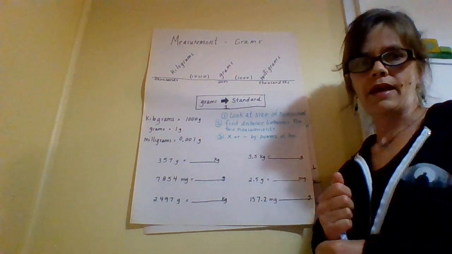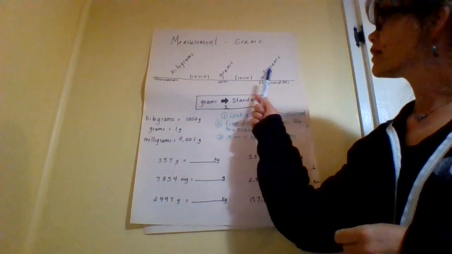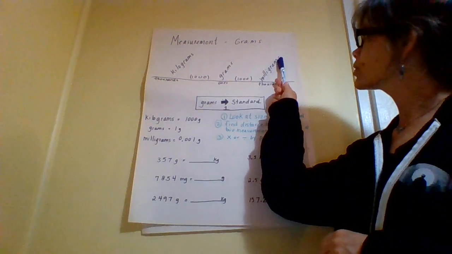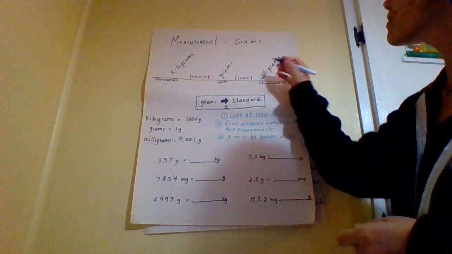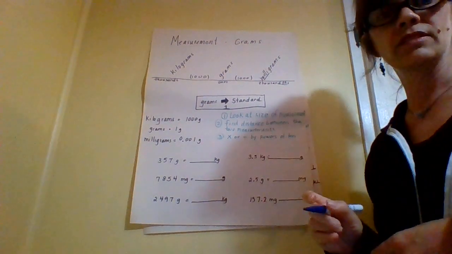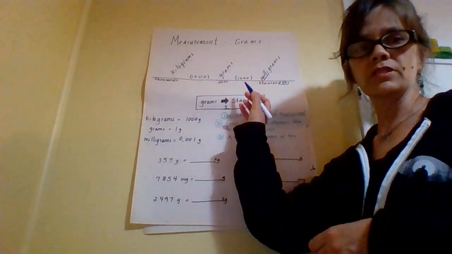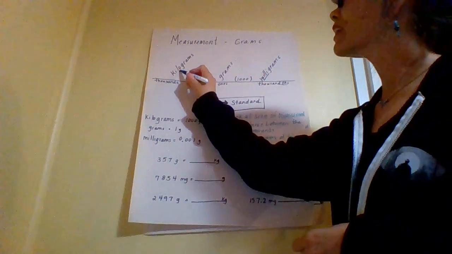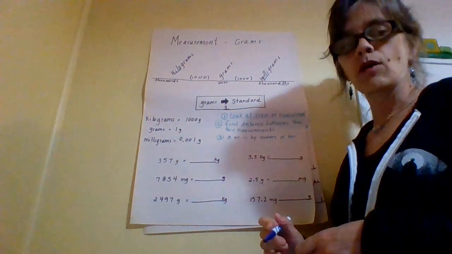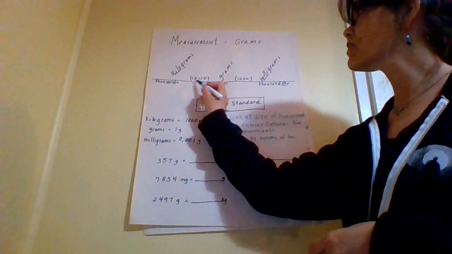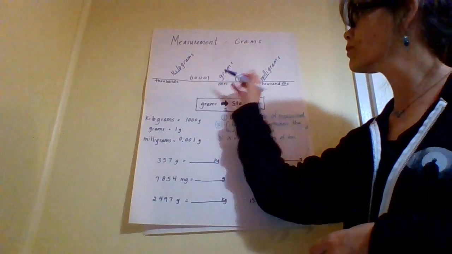So once again, I'd like to remind you that in our place value chart here, these words, milli means thousandths, and so it's the tiny ones, and there's 1,000 difference between a milligram and a gram. And then kilo means 1,000, and this is another distance of 1,000 between a kilogram and a gram.